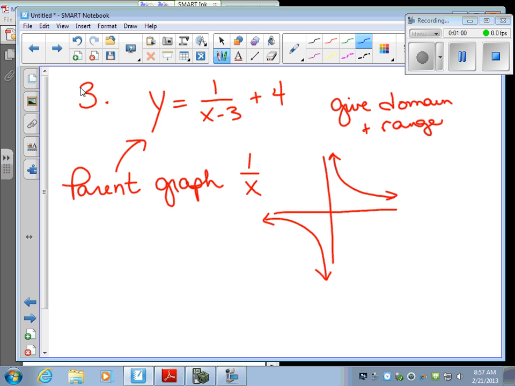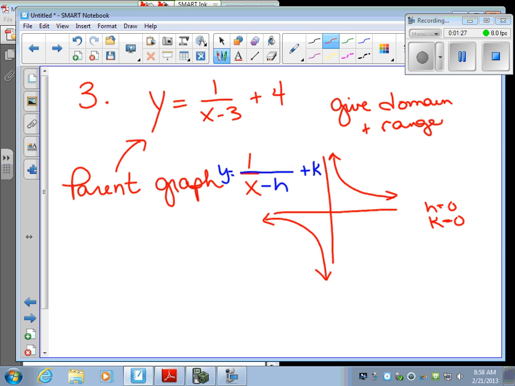And then we talked about making it y equals, and I'm going to forget the a value for now, but I'm going to put an h and k in there. So currently with the red graph that you see up here, notice how h is 0 and k is 0, because x minus 0 is just x.